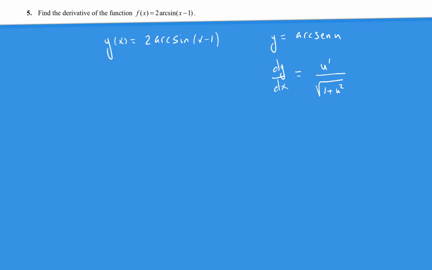Perfect. Now this is 2 times. Okay. So let's name u equal x minus 1. So the derivative of u with respect to x is u prime, and it will be 1. So the derivative of y with respect to x will be equal to u prime, which is 1, divided by a square root of 1 plus u squared.